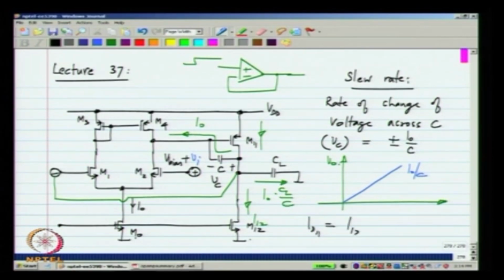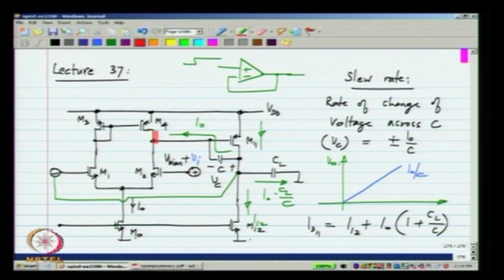ID11 will be I12 plus I naught times 1 plus CL by C. Now, is it possible to have that value? Yeah, because in quiescent condition the voltage here would be such that the current through M1 equals I12, okay.